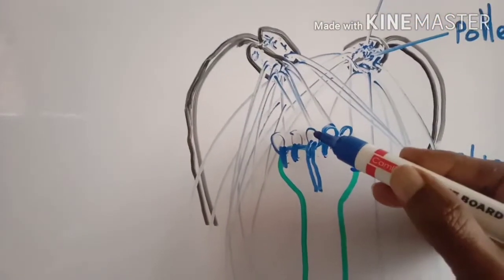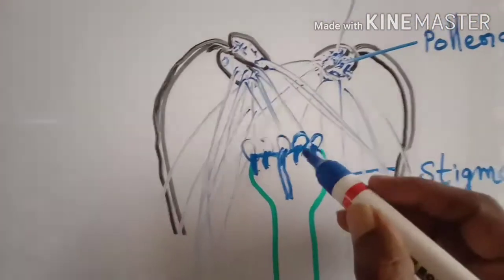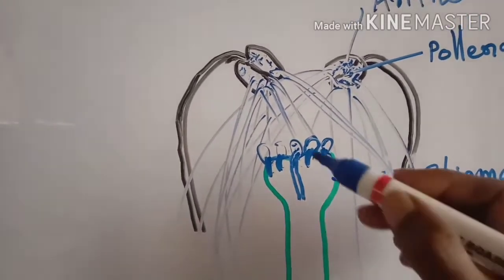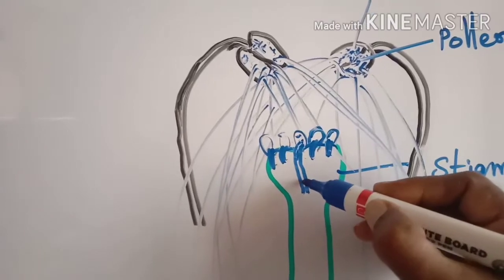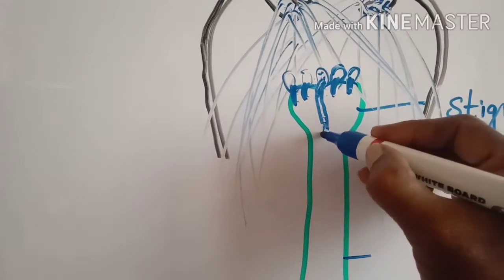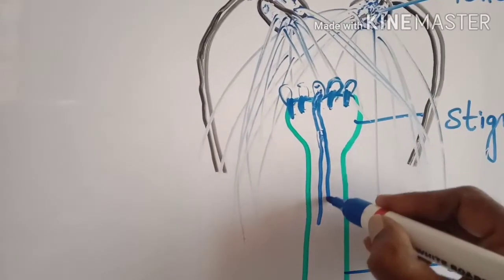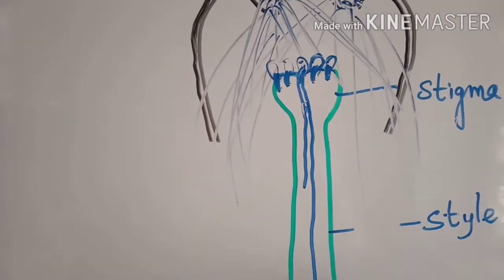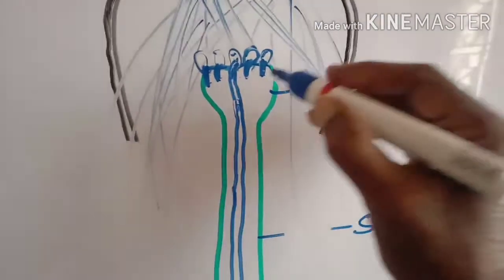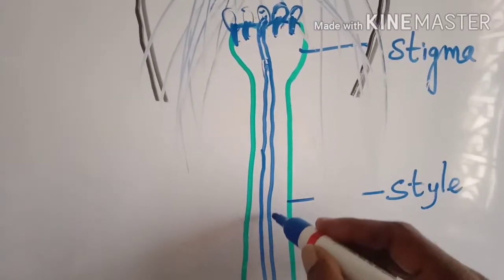Only one pollen tube gradually grows. In this pollen grain, two male nuclei are present. The two male nuclei also enter into this tube. Then this pollen tube gradually moves through the style. The male nuclei also pass through the pollen tube.